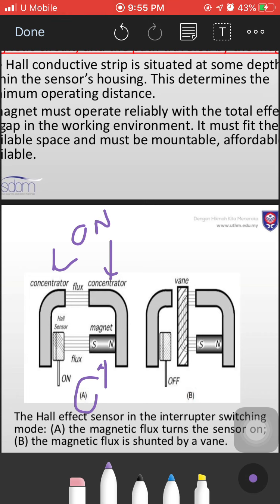Alright, so what happens if we put a ferromagnetic plate or vane placed between the magnet and the Hall sensor? The vane will form a magnetic shunt that distorts the magnetic flux away from the sensor, which will cause the sensor to flip to the off position.